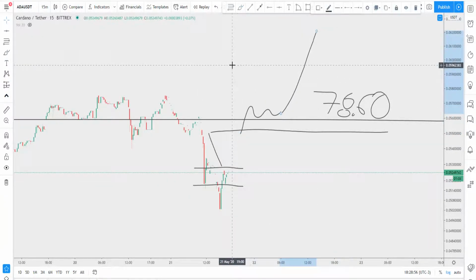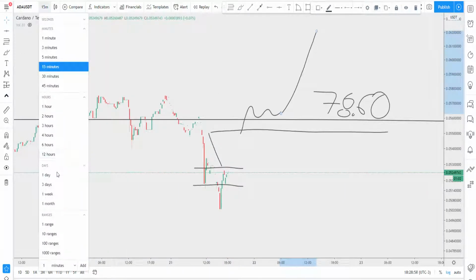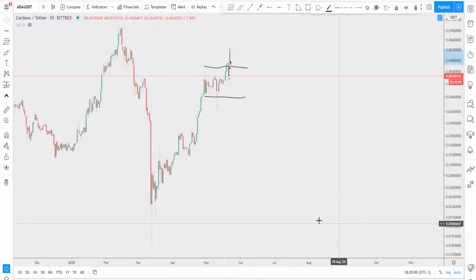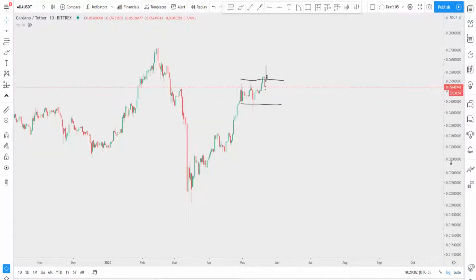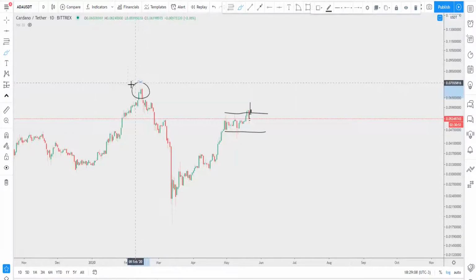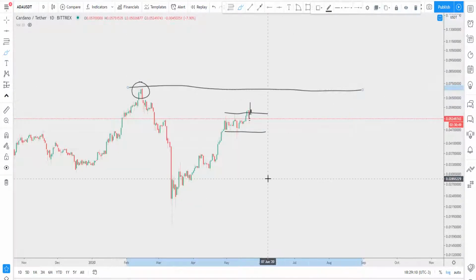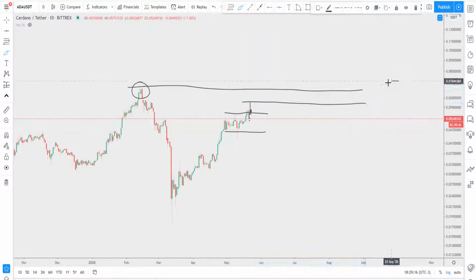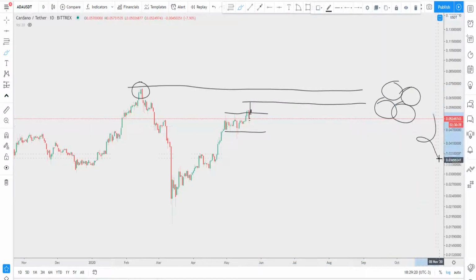And as you can see, let's take a look at the daily. So this is what I was talking about before. We have to watch out for this guy here. This will be a lower high with an attack to the 80.20 level, which is aggressive.